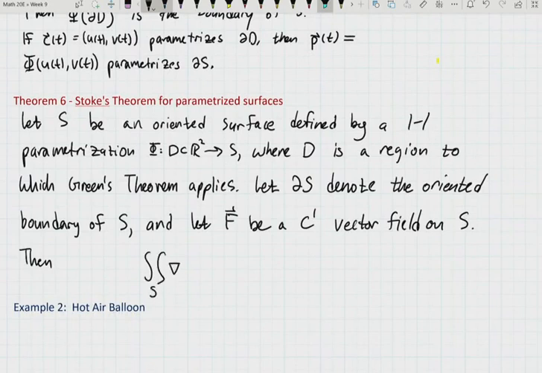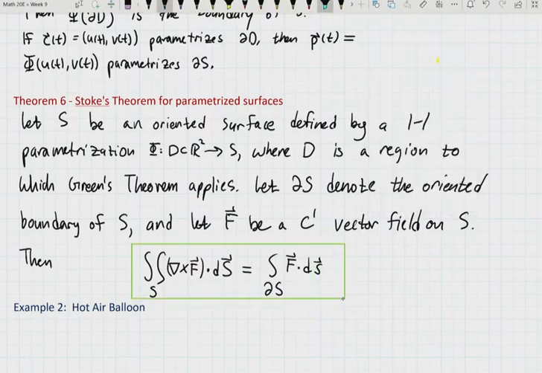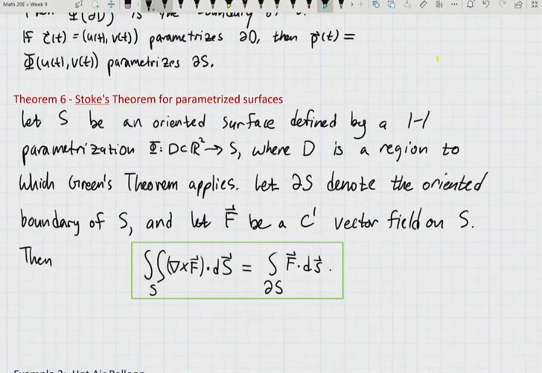The flux of the curl of f across S is the line integral of f around the boundary of S. A notable case is when the surface doesn't have a boundary.